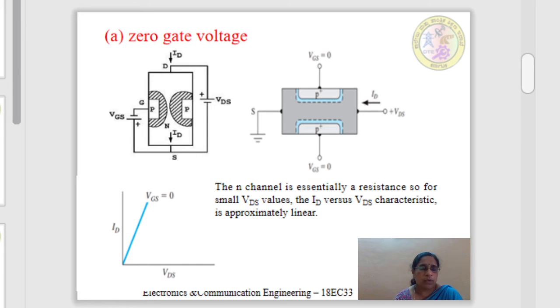So we have a large N channel region available where the majority carriers can flow. So for this particular condition, we expect almost a linear increase in the drain current.